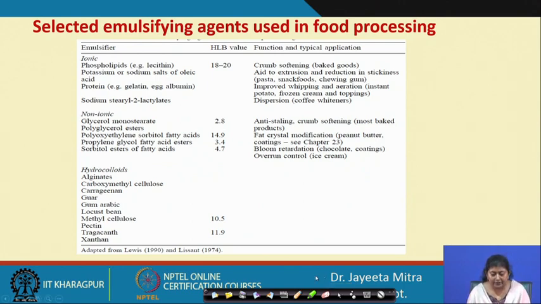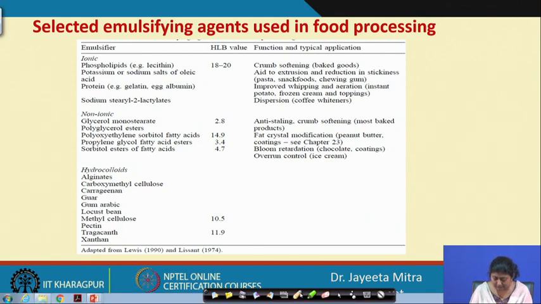Now, selected emulsifying agents used in food processing have been given in this table. In the left side the emulsifiers list has been given, HLB value is given in the middle, and the functions and typical applications are given at the right.